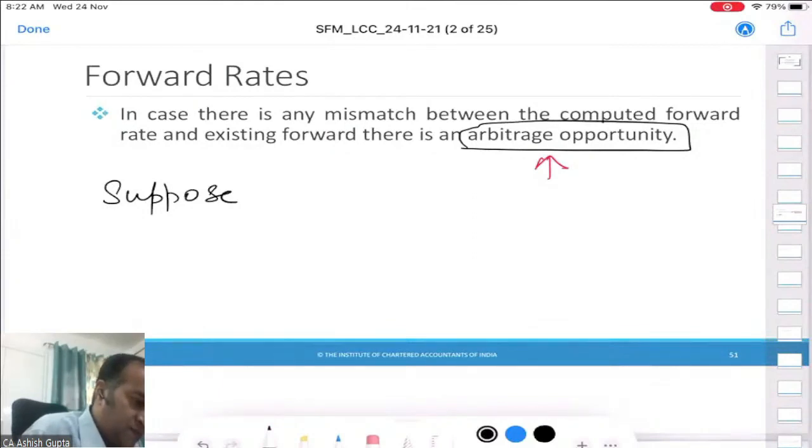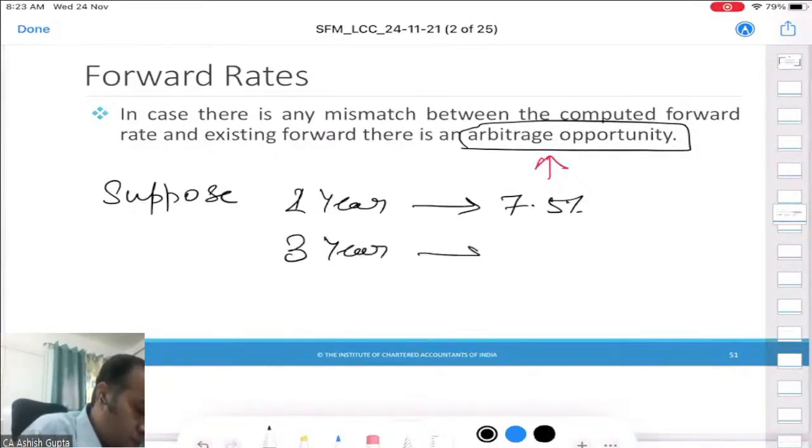Suppose in the market the rates are like that. 2 years, 7.5%. 3 years, 9%. The rates are like that available.